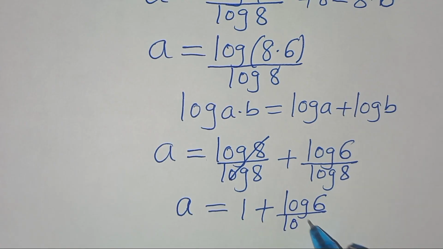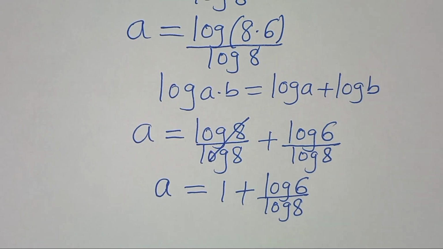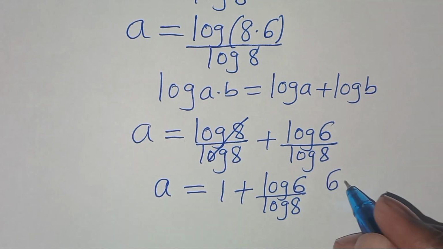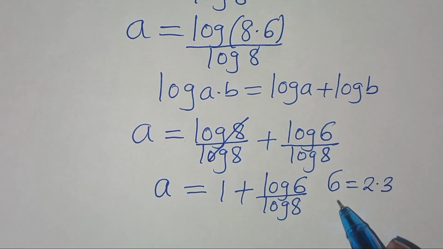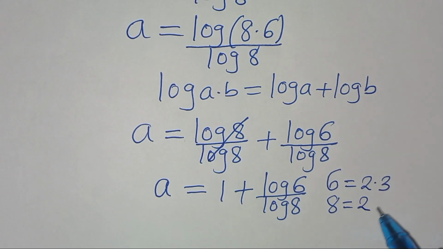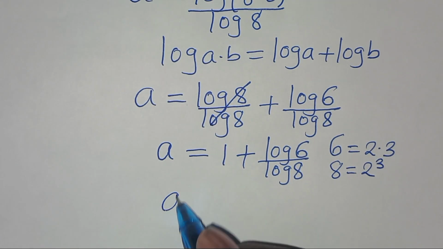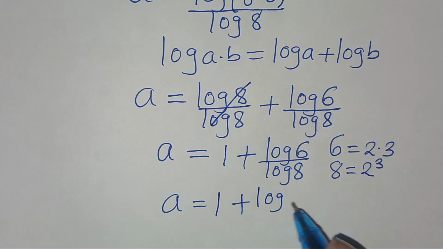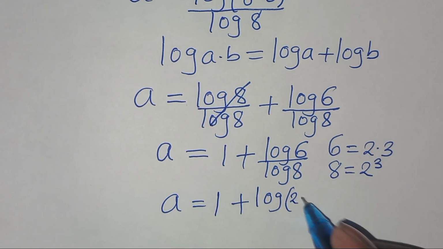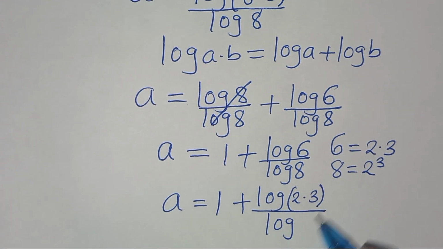divided by log 8. Now the next step is that we can express 6 as 2 multiplied by 3, and we can express 8 as 2 to the power 3. So this implies that a is equal to 1 plus log 2 times 3, divided by log 8, which is 2 to the power 3.